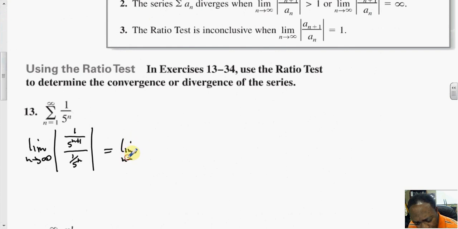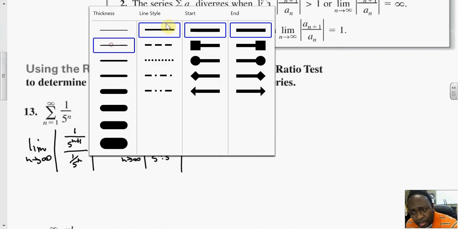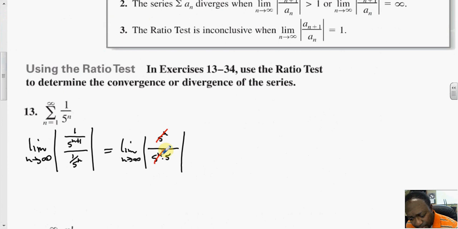This is the limit as n goes to infinity of the absolute value. This becomes 5 to the n divided by 5 to the n plus 1. Here, this 5 to the n plus 1 is 5 to the n times 5. So obviously the 5 to the n's cancel out.